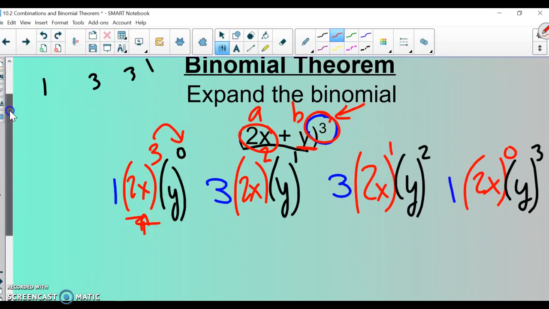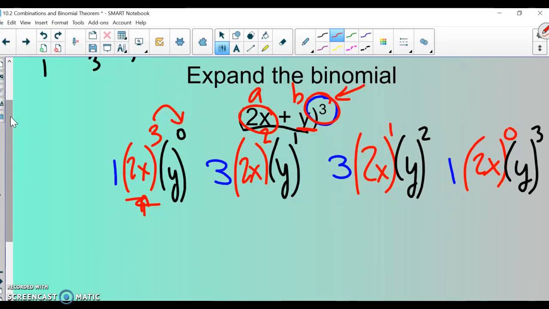So, from here, we are just going to simplify this. This right here is one term. And so it's going to be 1 times, simplifying this here, I would have 2 to the third, x to the third, y to the 0th power.